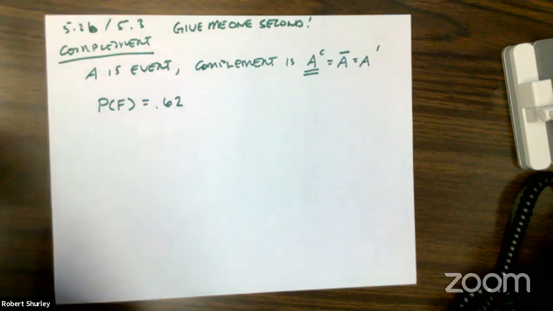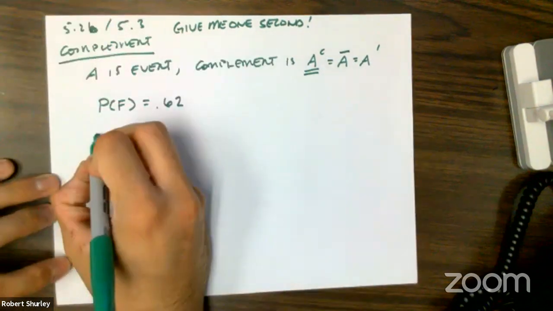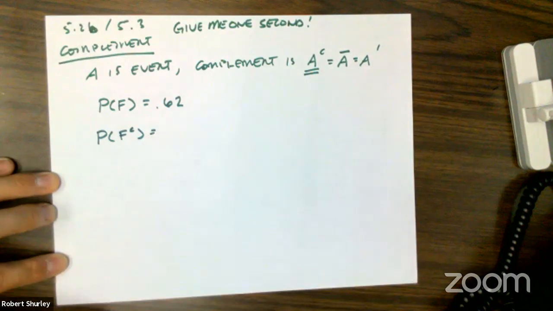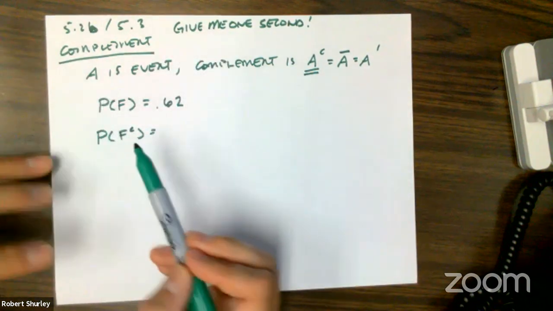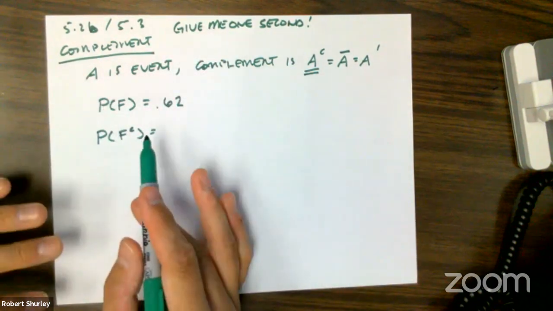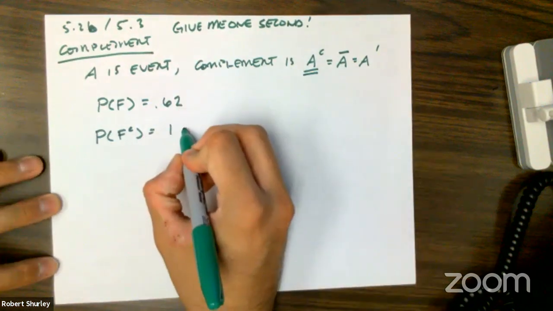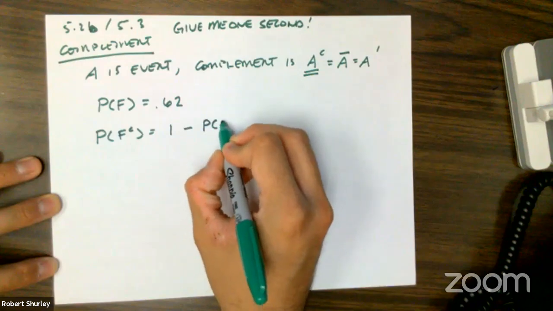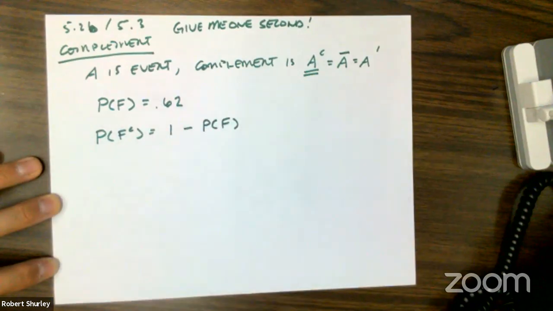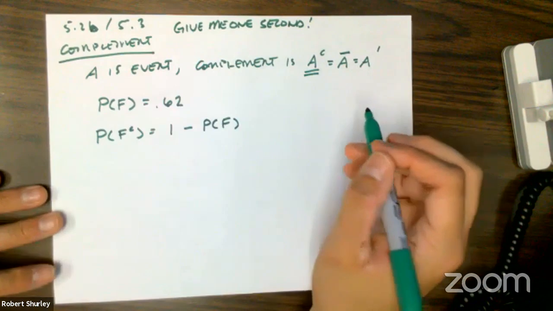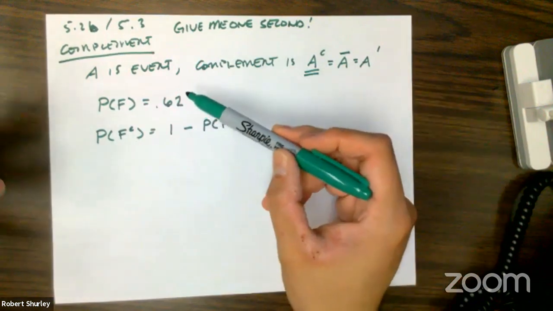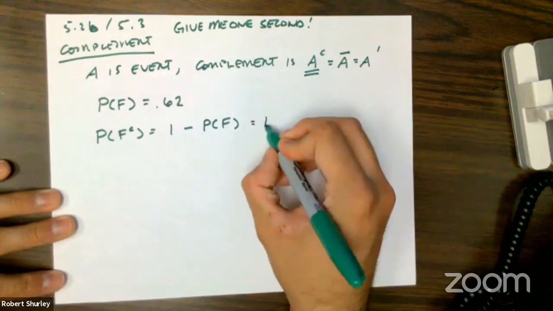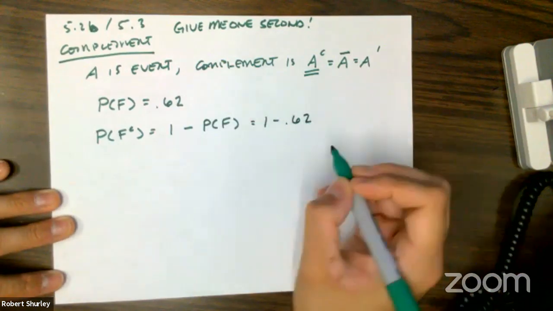But I want to know, what's the probability you're not a freshman? The way we would notate that is like this, which just means the probability you're not a freshman. The easy way to find a complement, if you know the event, is 1 minus the probability of the event occurring. Which makes sense. If 0.62 are freshmen, then 1 minus 0.62 are not freshmen.